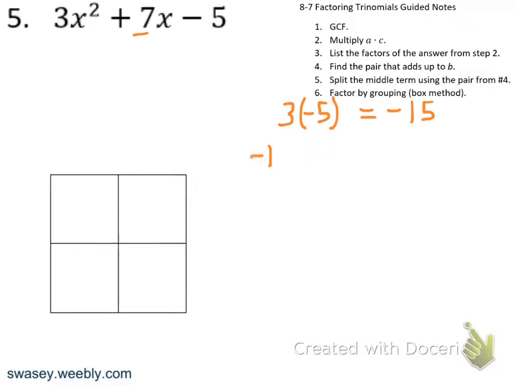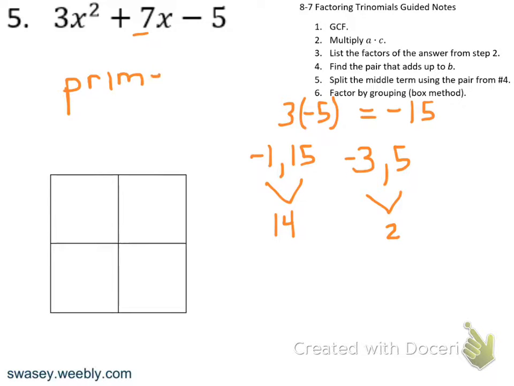So you can say negative 1 and 15, that would multiply and get negative 15, or negative 3 and 5. Now when you add these two together, you get 14. Add these two, you get 2. We've exhausted all of our options, and they don't add up to 7. So we can say not factorable or prime. Prime polynomials are polynomials that do not factor.